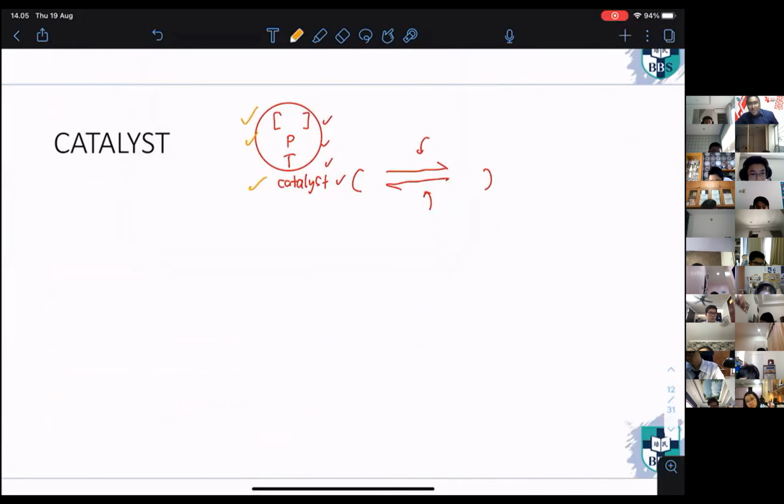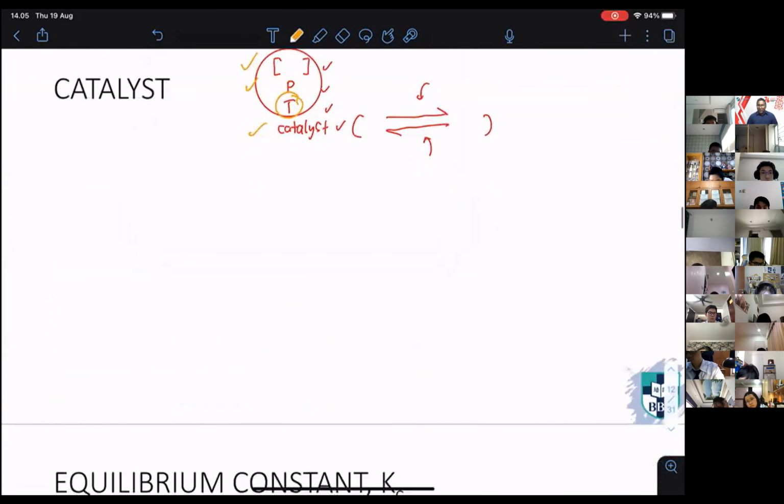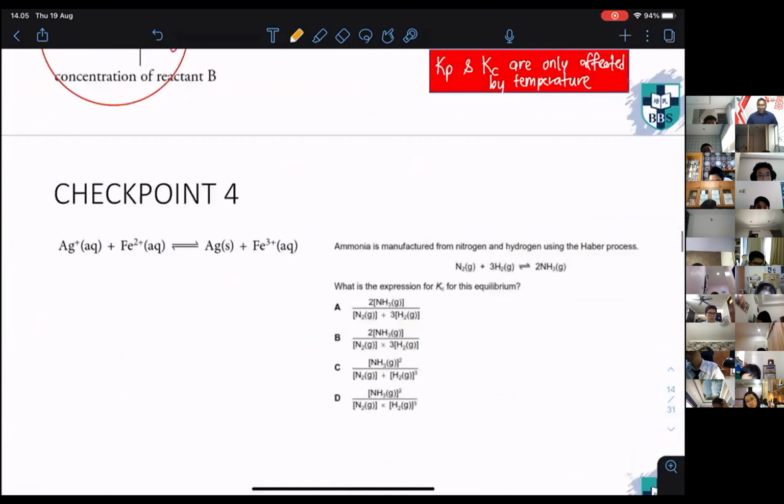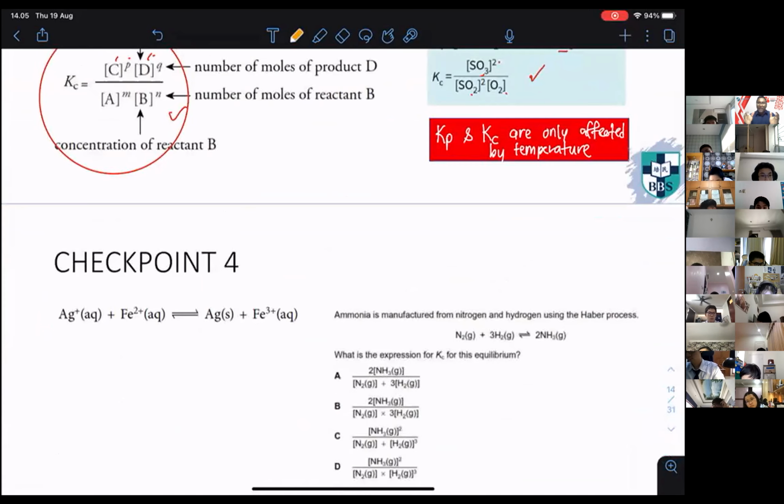Your Kc is only affected by temperature. Please remember this. So when it's pressure change, concentration change, or you put catalyst, they are not affected. They are going to remain constant.